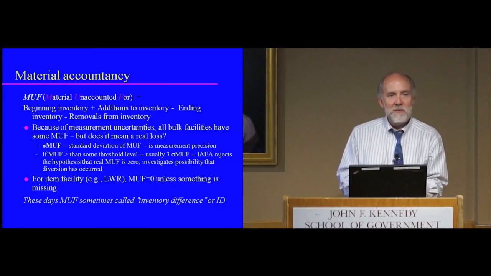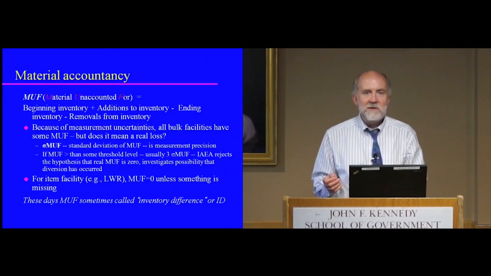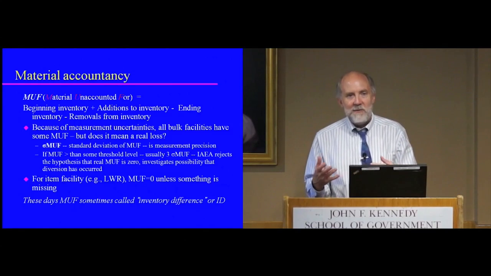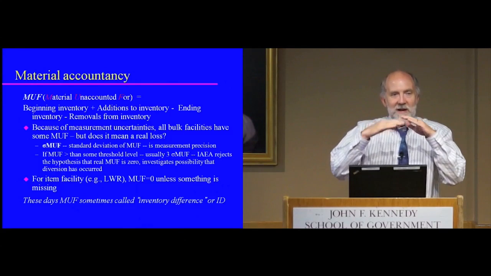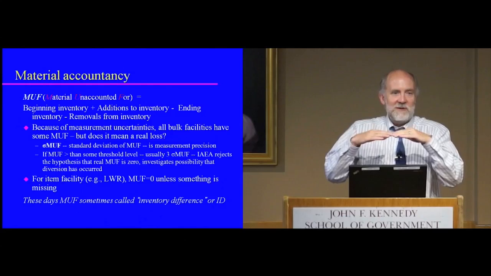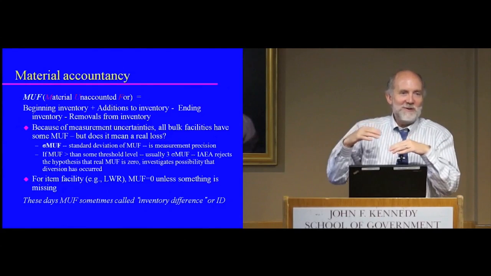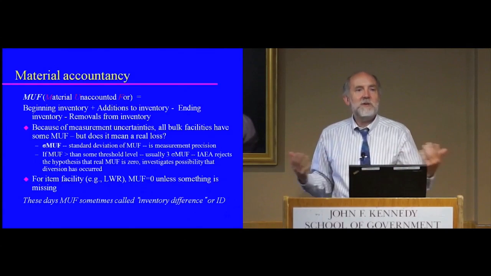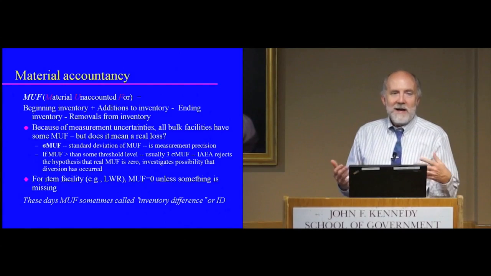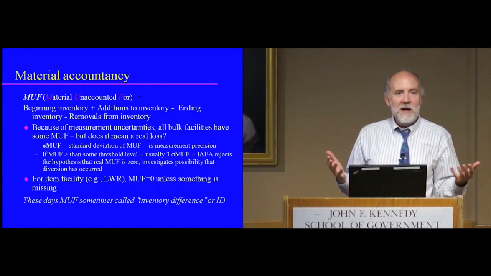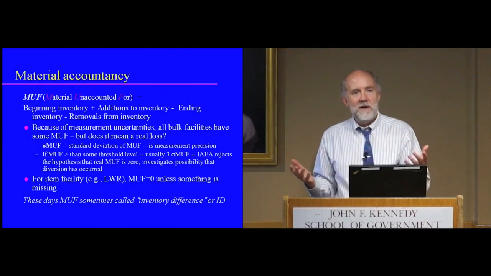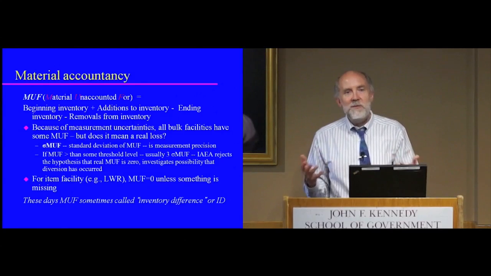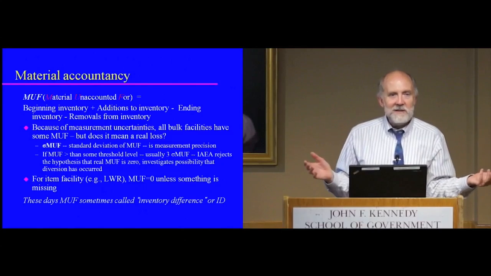These days, sometimes MUF is referred to as inventory differences, because among other things, sometimes rather than the difference being negative, there's too little material, sometimes the difference is positive. There's too much material, there's more than you expect. And that's partly because of measurement uncertainties. Just as if you were running a bakery and baking a ton of bread every month, it would be very difficult to make sure a few pounds of flour here and there didn't go missing.